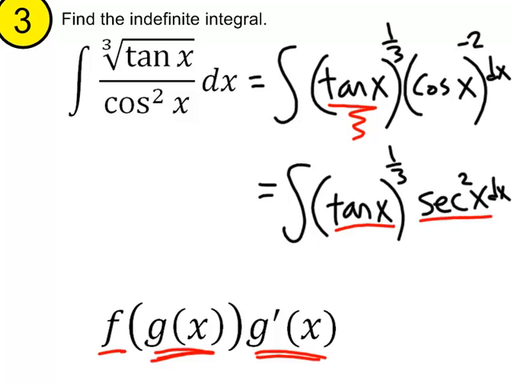The f is the blank to the 1/3 power. So notice that in order to sort all that out, we needed to be solid in our basic trig identities, for example, secant x equals 1 over cosine x. And we needed to be solid in our trig derivatives, knowing that the derivative of tan x is secant squared x.